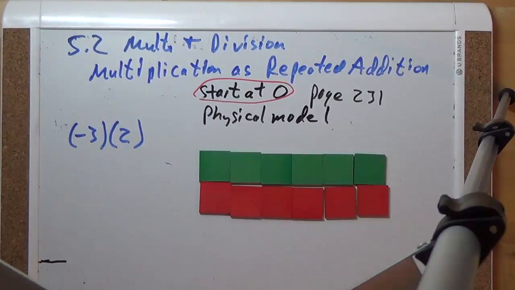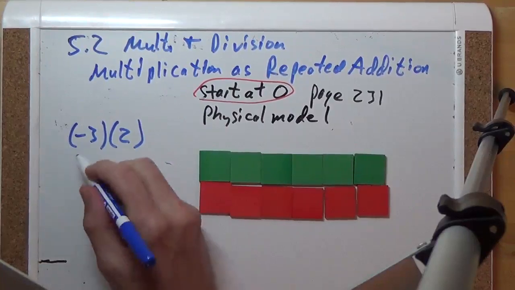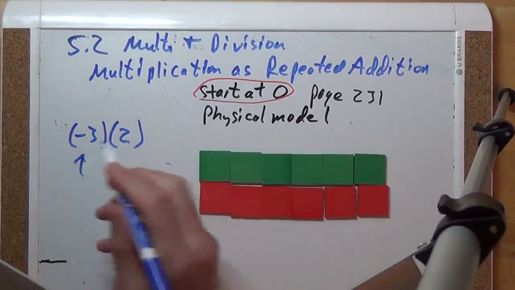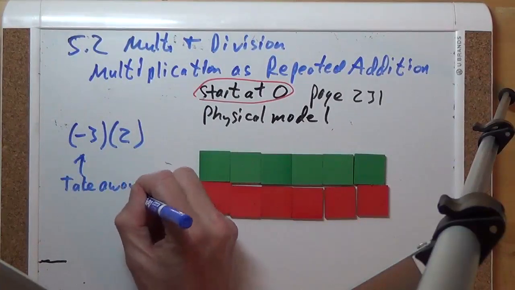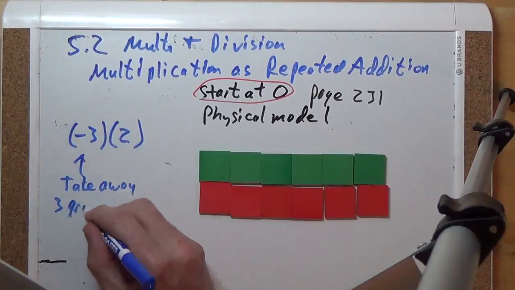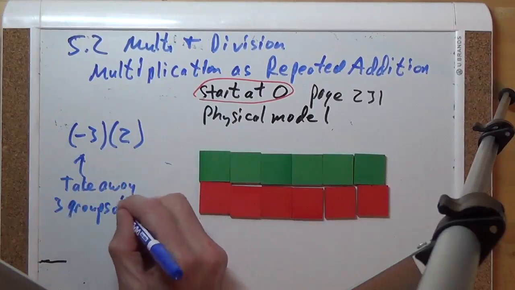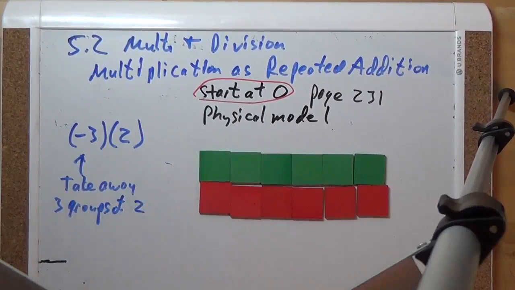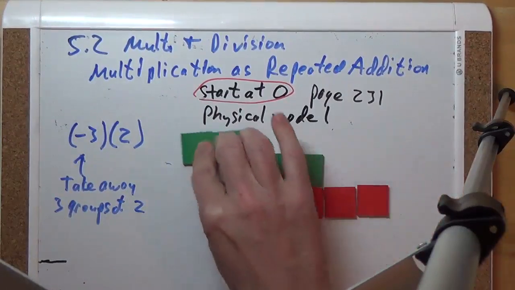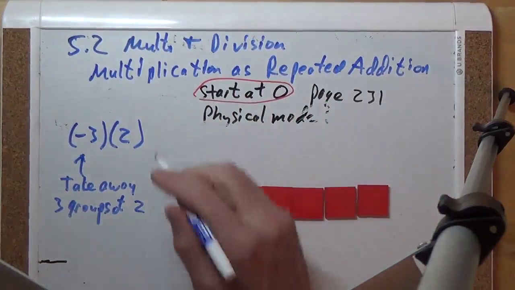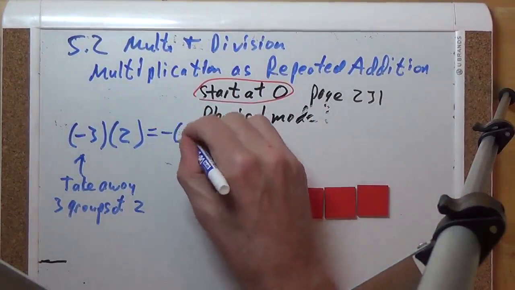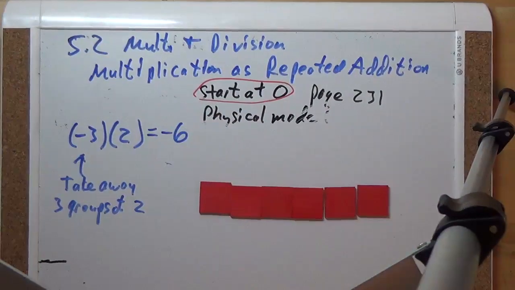See if you can look ahead as to what I'm going to do. Going to take away 3 groups of positive 2. 1, 2, 3, and we ended up with our answer of negative 6. So our model was consistent anyway.